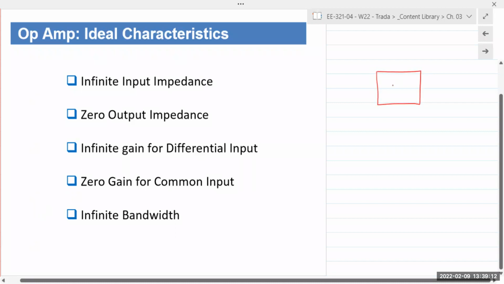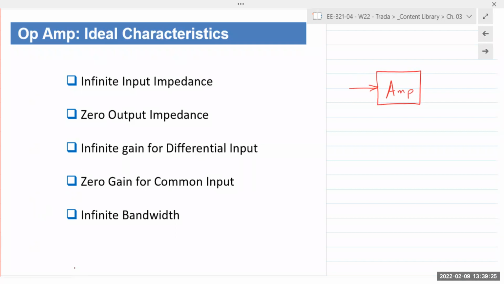The reason for having infinite input impedance is that if you have your amplifier circuit and an incoming signal, and the amplifier has very high or infinite input impedance, then it is not pulling a lot of current from your source.